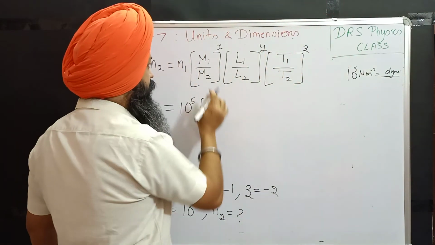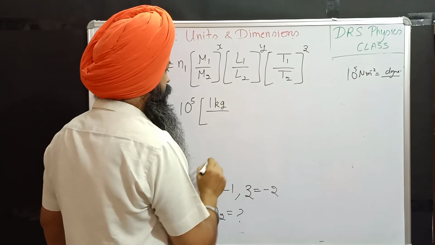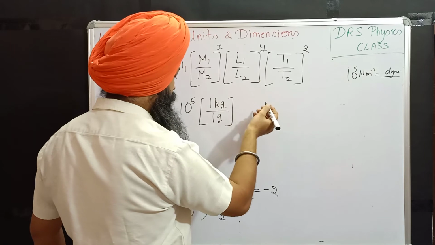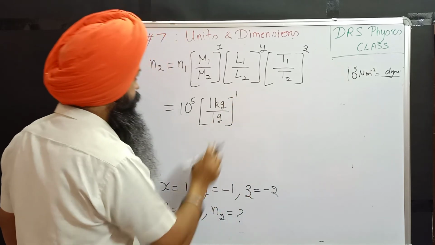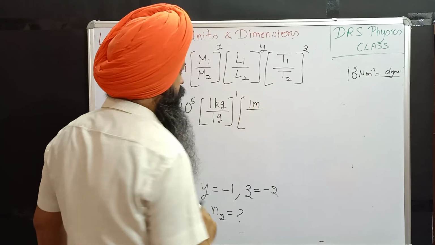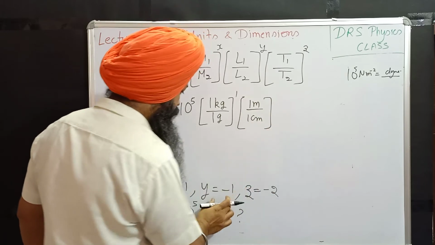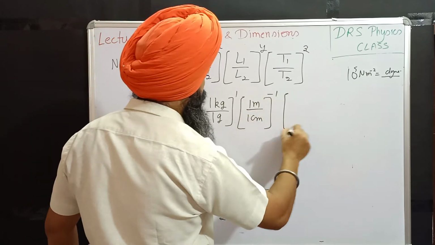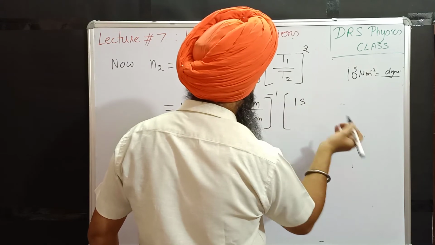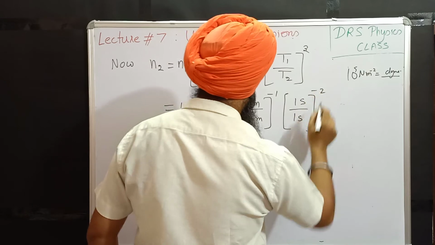What is mass in SI system? It is in kilogram, whereas mass in CGS is gram, to power x, which is 1. Length is in meter, and here it is in centimeter in CGS system. y is -1. Time is in second, it is also second. Power is -2.